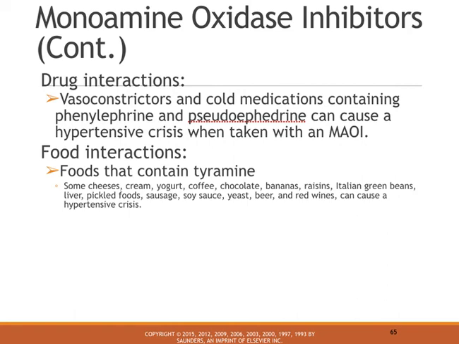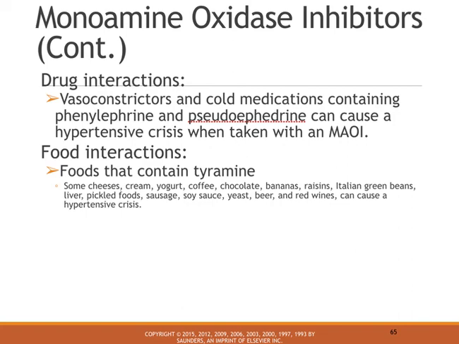There's also food interactions. So they have to avoid foods that contain tyramine. And if you look at this slide, look at the stuff that contains tyramine. Cheeses, cream, yogurt, coffee, chocolate, banana, raisins, sausage, pickled foods. I mean, the list is really pretty extensive.